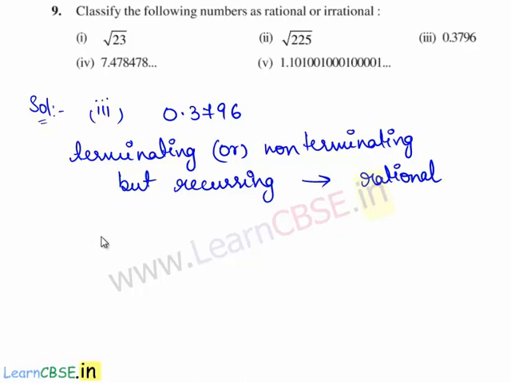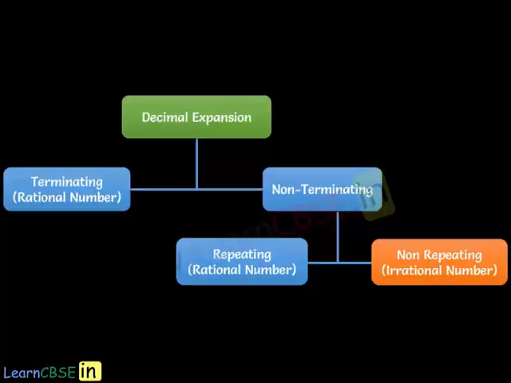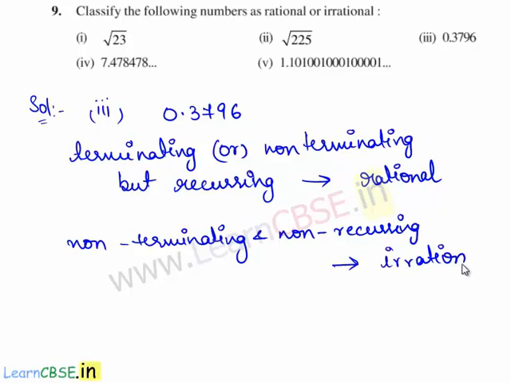A number whose decimal expansion is non-terminating and non-recurring is an irrational number. So here the decimal expansion given is terminating decimal expansion. Therefore 0.3796 is a rational number.